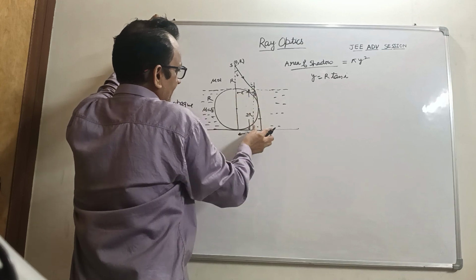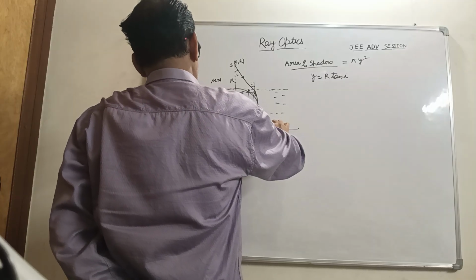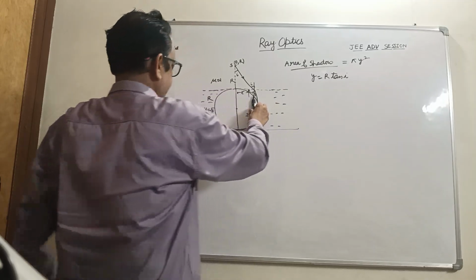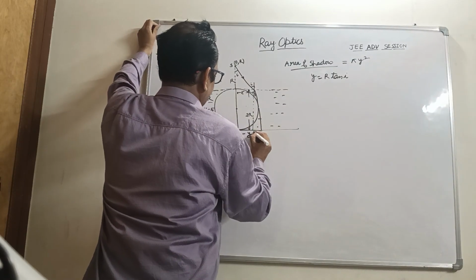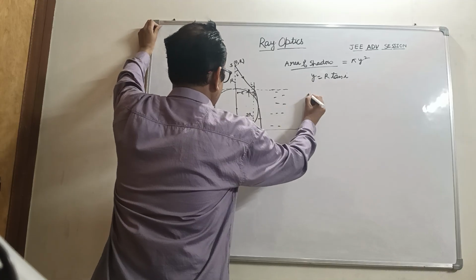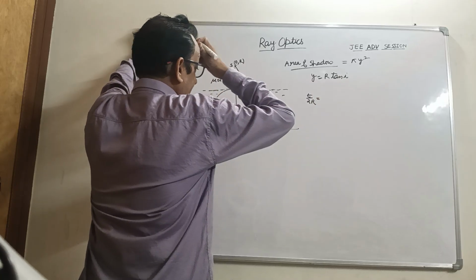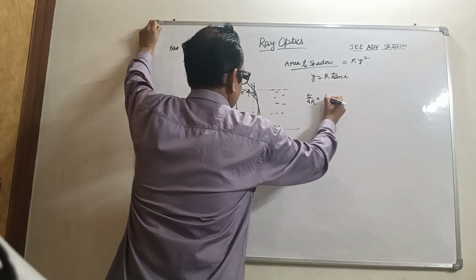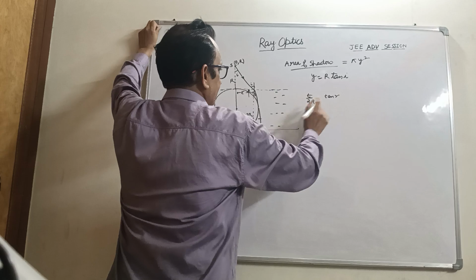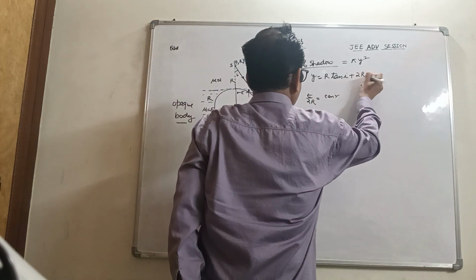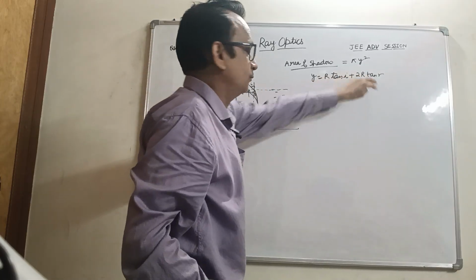Yes, this should be 2r, and this length is suppose t. So t by 2r becomes tan r. So t becomes 2r tan r. y is equal to r tan i plus 2r tan r.